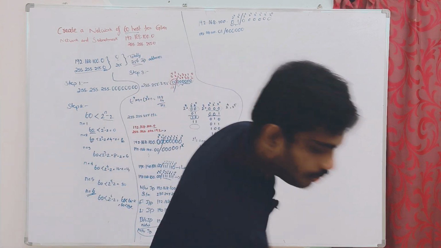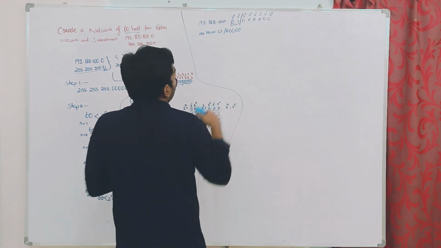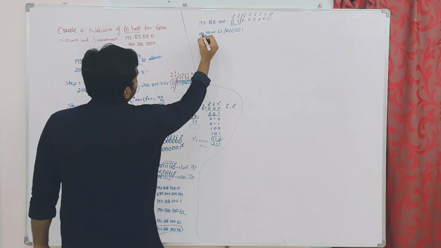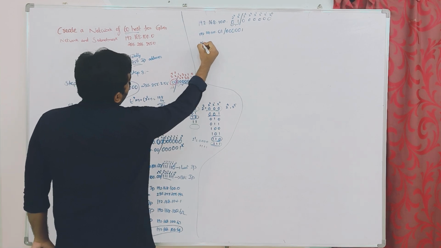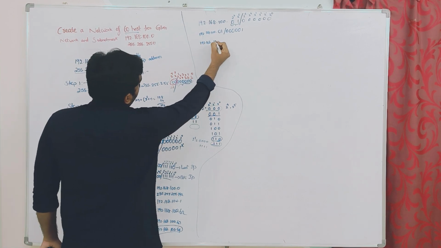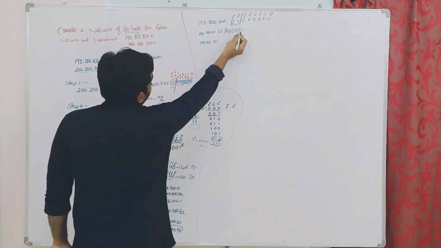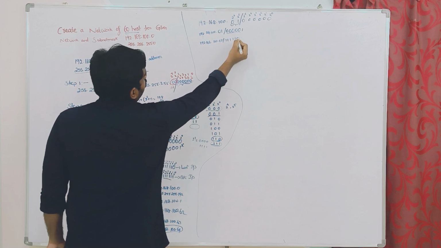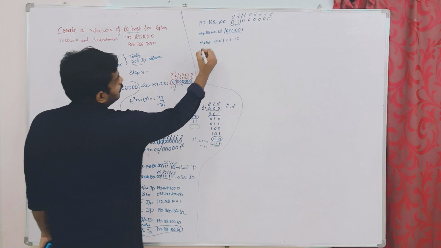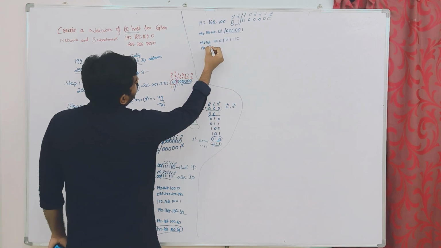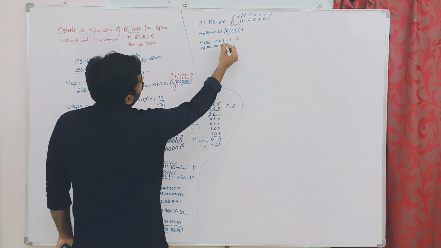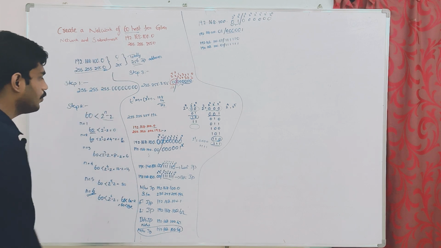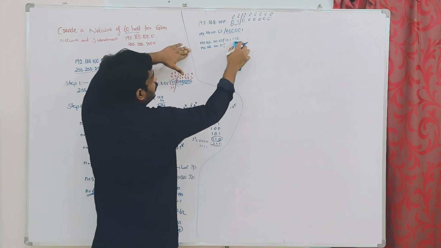This 1 will be here, and the last IP will be 192.168.100, the reverse of this: 01 slash 111110. This is the last IP, and the broadcast IP is 192.168.100, 01 slash 111111.